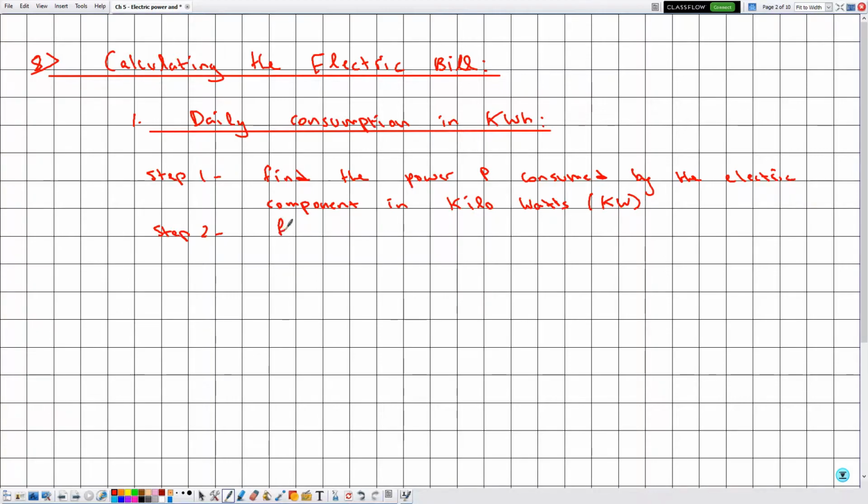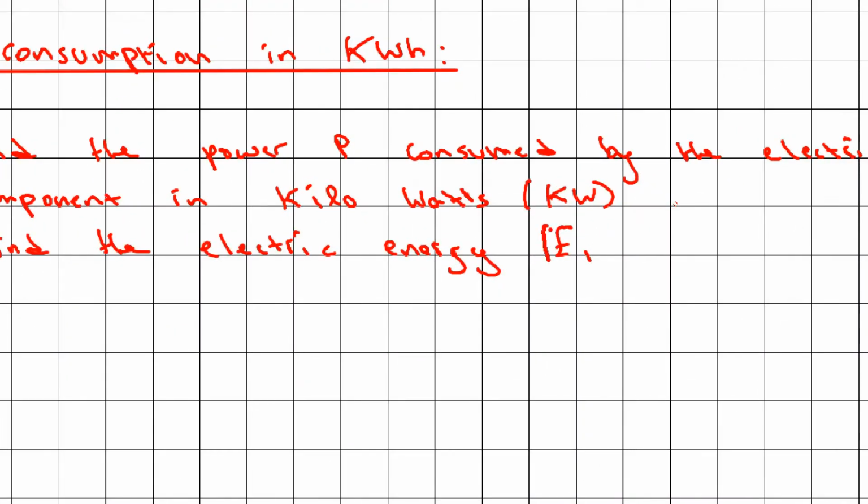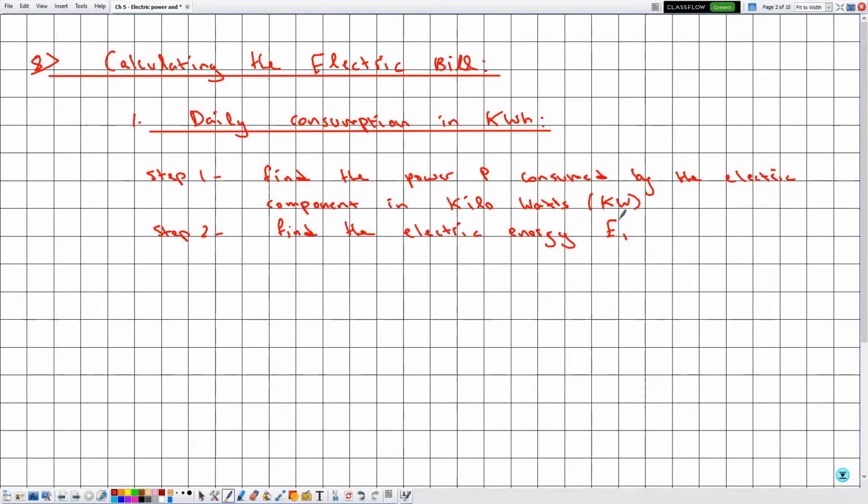Now step number 2 is to find the electric energy, which is given by E1. E1 represents the electric energy consumed by the washing machine, say for example, which is consuming a power P, consumed for several hours.